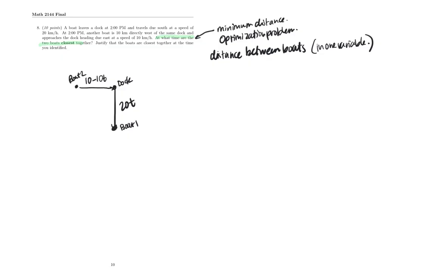And then the last distance here is what we're going to call z, which is the distance between the two boats. So I know that z squared is going to equal (20t) squared plus (10 minus 10t) squared.